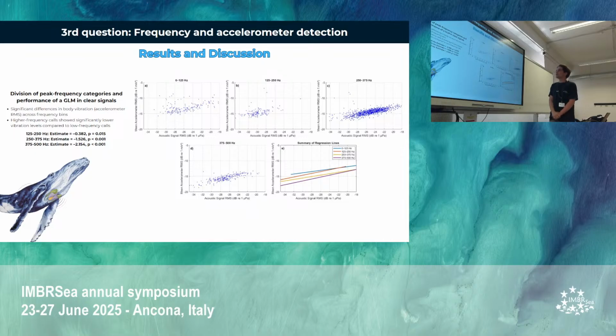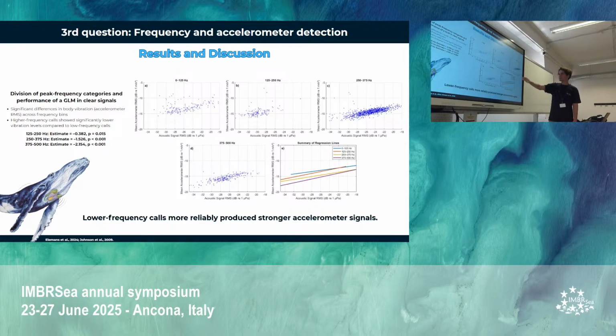We also performed a GLM using these categories. Our focus here was on the main effects, and we could see that calls with lower peak frequencies produced higher accelerometer levels, and this would go down as you go up in frequency.